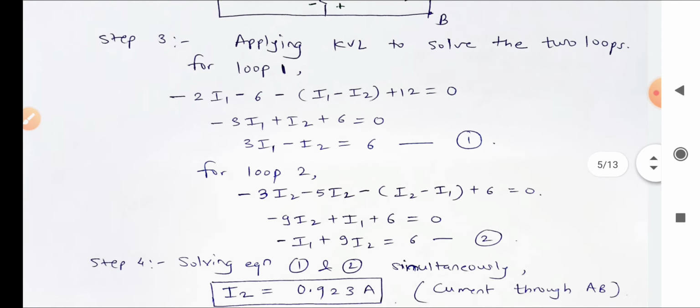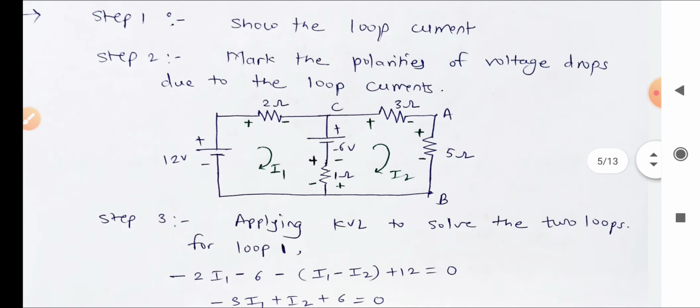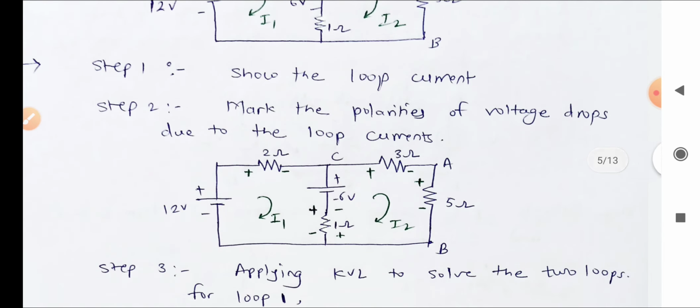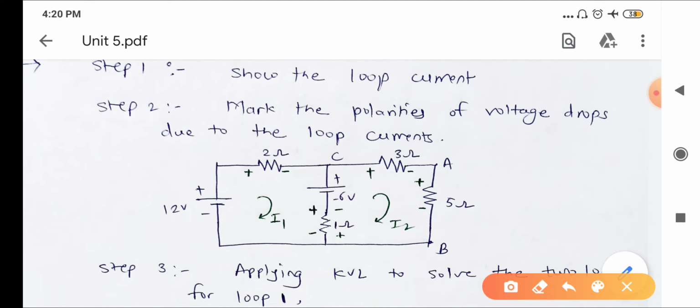Now we are going to write the equation for loop 2. The loop 2 is CAB, in which C is the common node. Now in this case, we are going to write the equation by using the main current I2, the loop current.